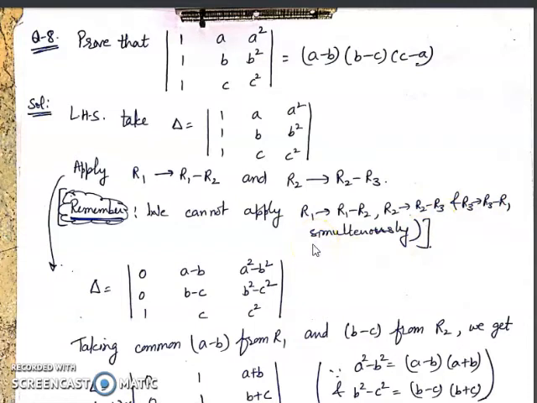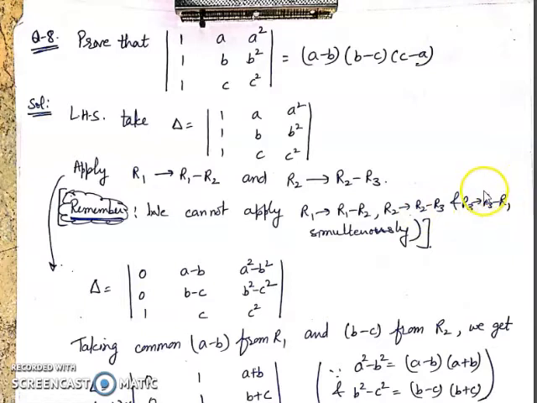I told you earlier that once you have made changes in R1 and R2, you cannot do R3 minus R1, because you have already changed R1. So in these three we cannot do simultaneously, because which R1 should be considered, before the transformation or after?